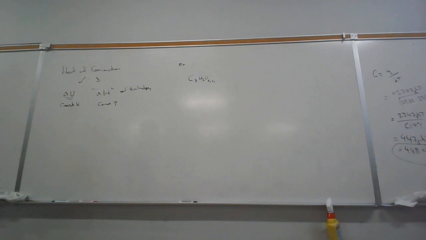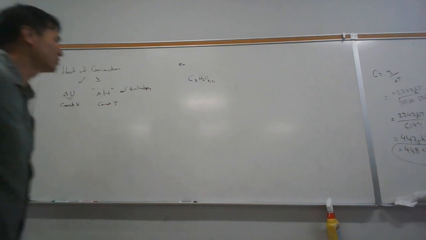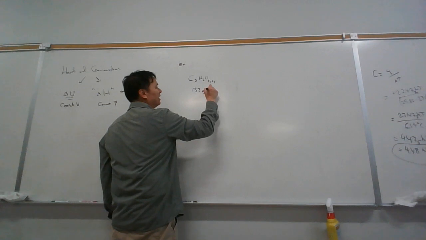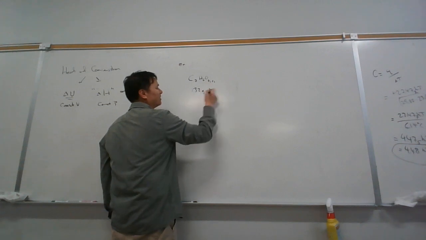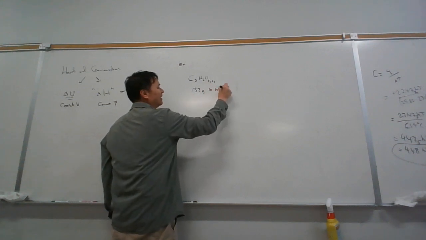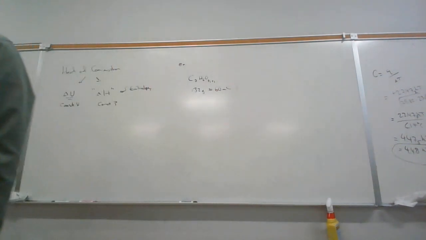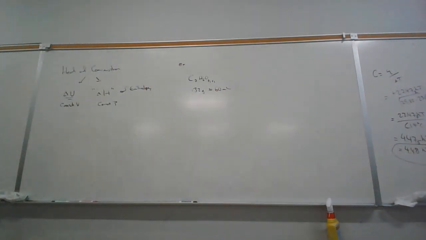And so the densities of most solids are around 2 grams per milliliter. So if I have 132 grams, that is roughly about 60 milliliters, just a guess.